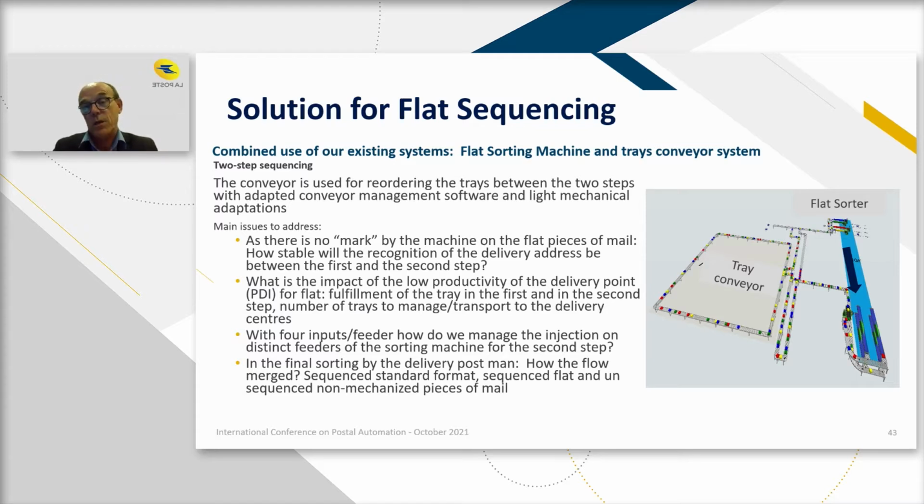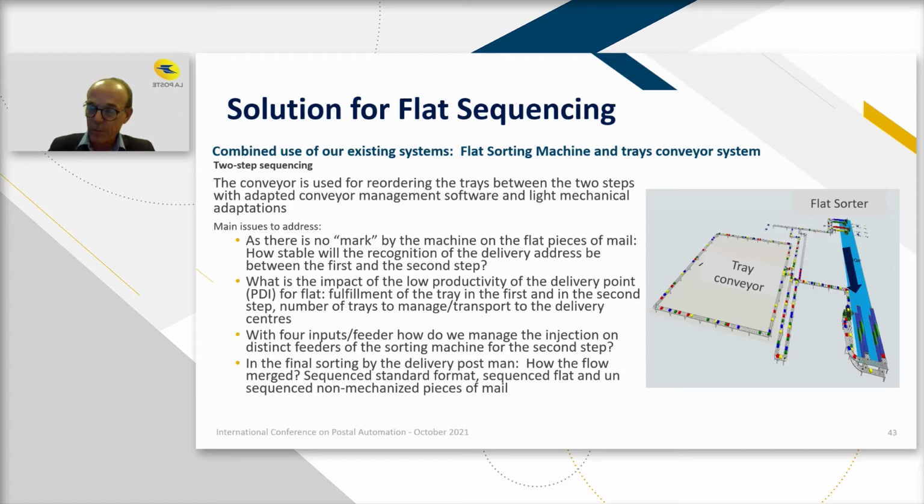Maybe the machine will find the same street name, but not exactly the street number. So when we want to sequence, we have to get this information precisely. This is one of the first problems we have to address.